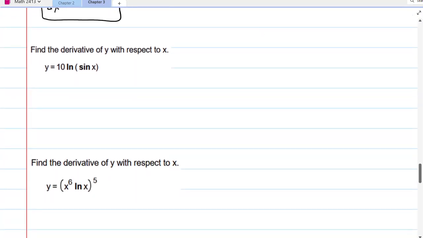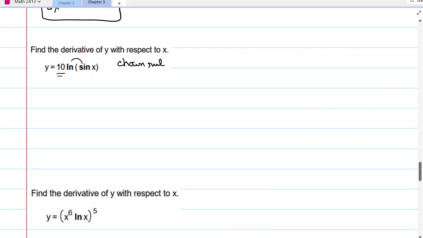Now, remember on this guy right here, it is just a multiplier. But here we have the chain rule. So let's see what happens here. We want dy/dx, and we're going to have 10.